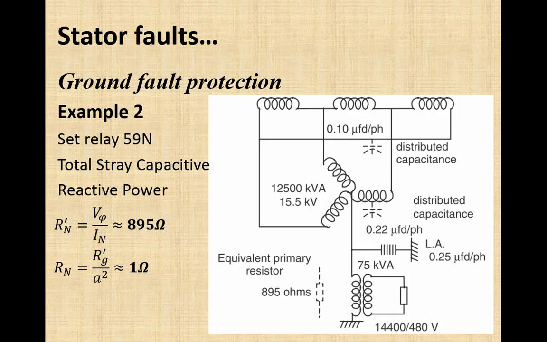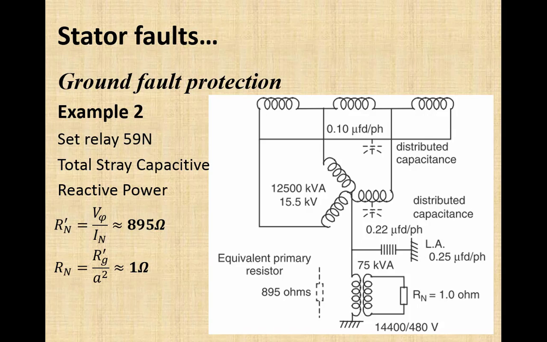This Rg prime is actually the same as Rn prime. So that is equal to 1 ohm. So what is this A? A will be 14.4 kilovolt divided by 480. That is A, the transformer turns ratio. Here is the value of Rn, 1 ohm.